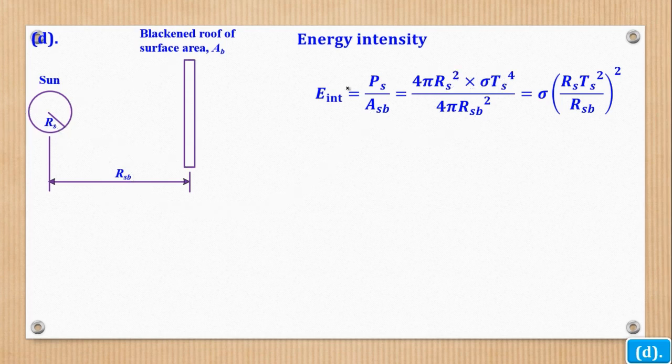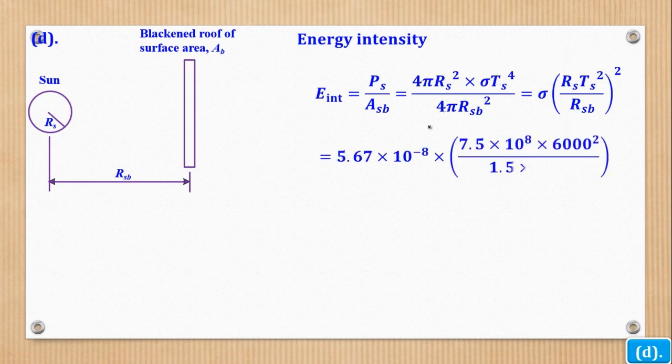I believe you know those formulas. So 4 pi is going to cancel, then the term with no power will first be pulled outside. Here the power 2 is outside, so it will become RS, but this is power 4, meaning that inside it will be T squared. Then this one is power 2, so it will just be RSB.